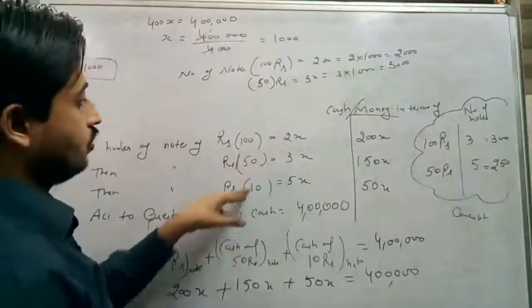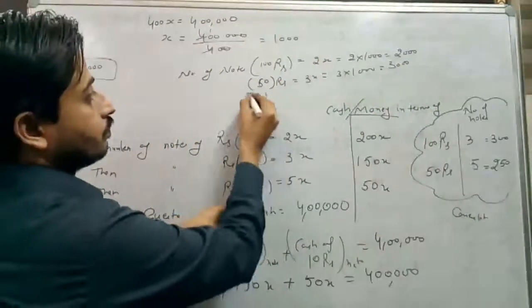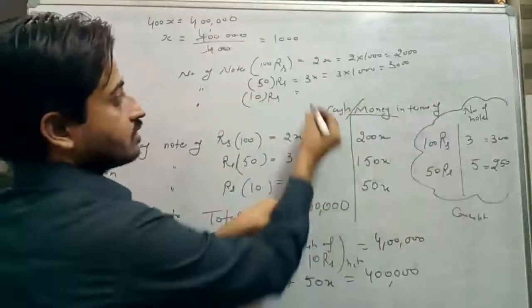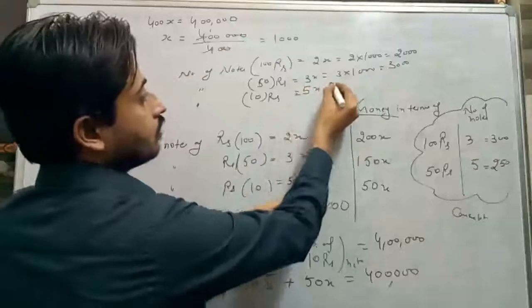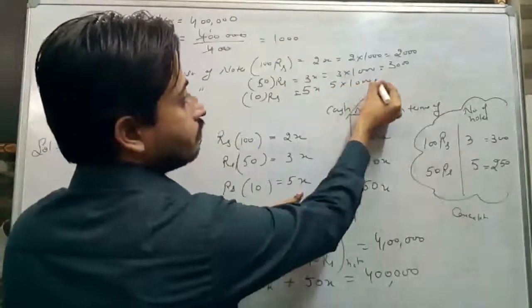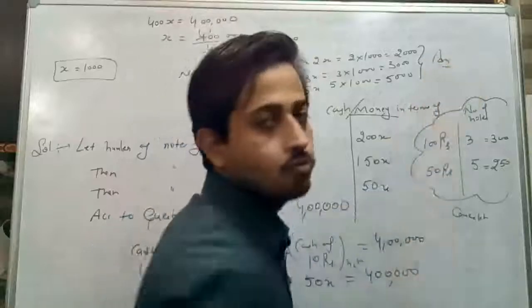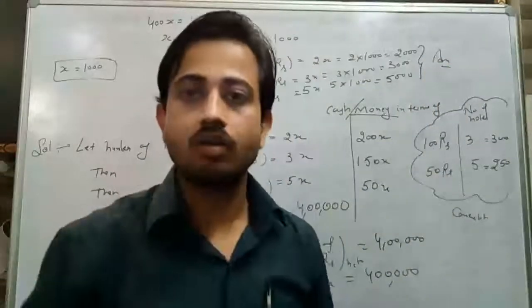Now in terms of 10 rupees, 5x, then 5 into 1000 is 5000. This is your final answer. So make a note first.